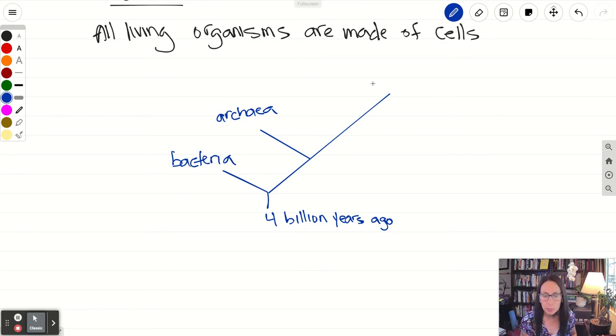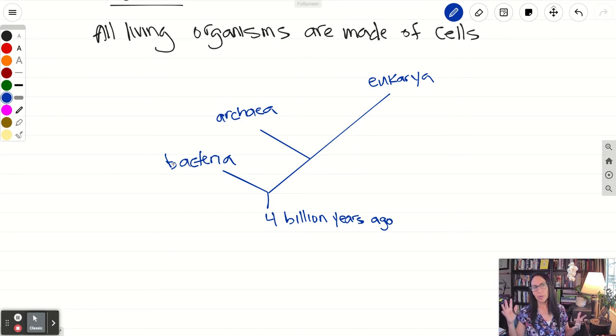And then the last group is called eukarya. These are the three major types of cells on our planet, and they're put in different categories because their cells look fundamentally different.